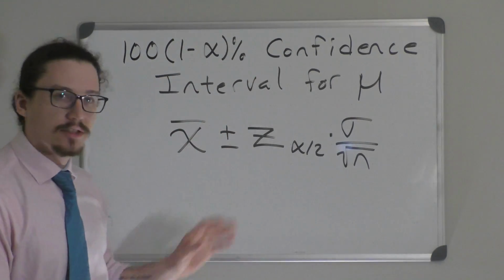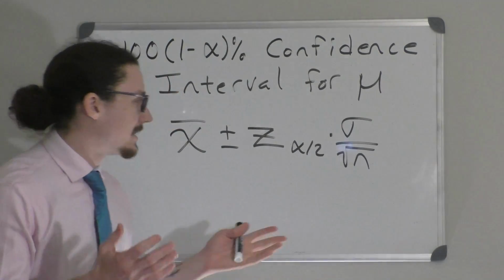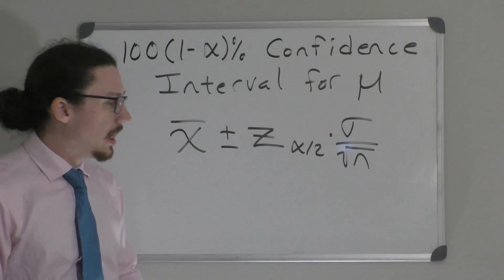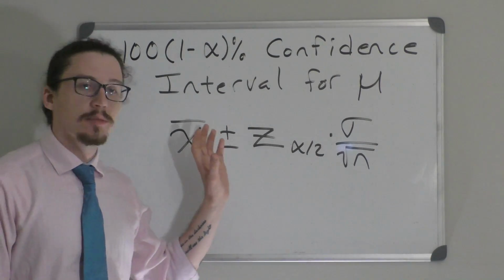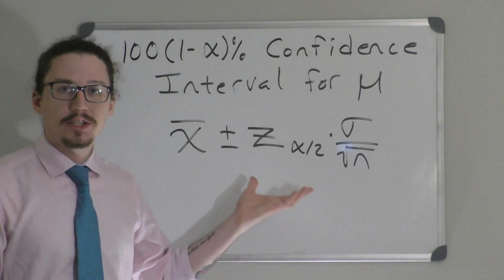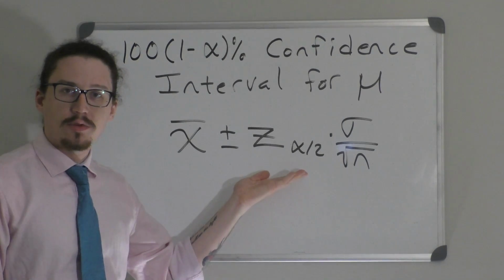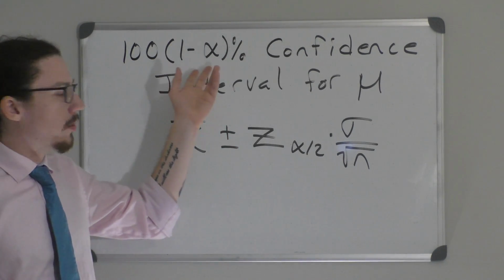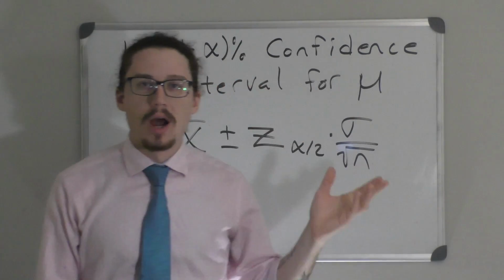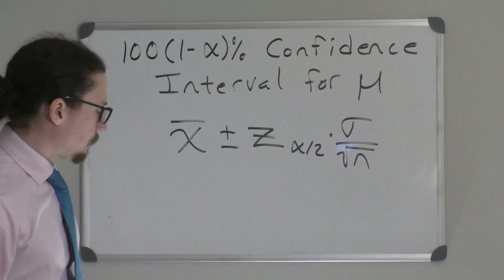And as a formula, the probability that the population mean falls into an interval using this formula is that 1 minus alpha. That's the probability.